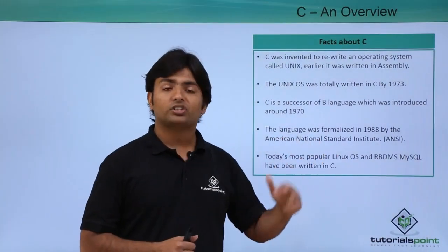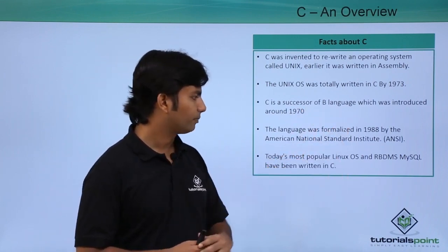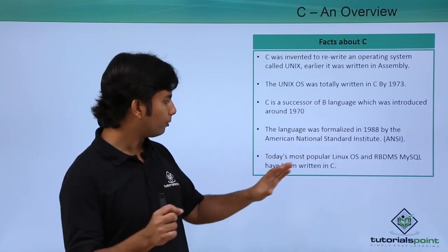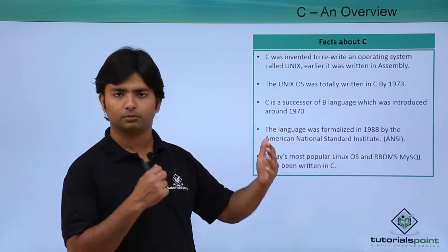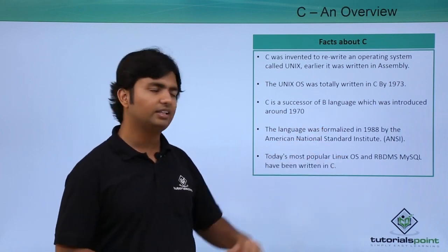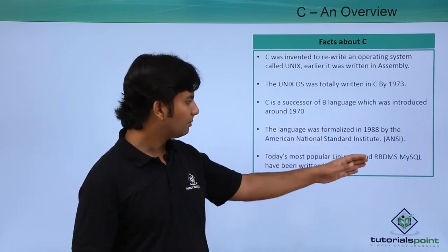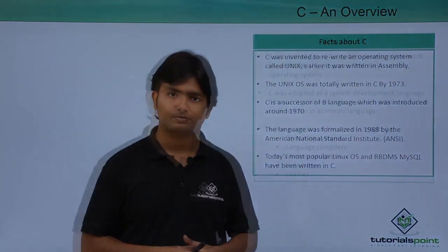C language was standardized by ANSI in 1988, and nowadays all the popular operating systems like Linux-based operating systems such as Fedora, Ubuntu or Linux are written in C language. Apart from that, the RDBMS MySQL has been written in C as well.